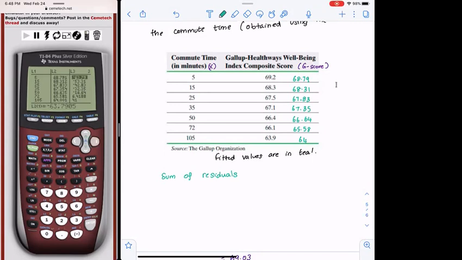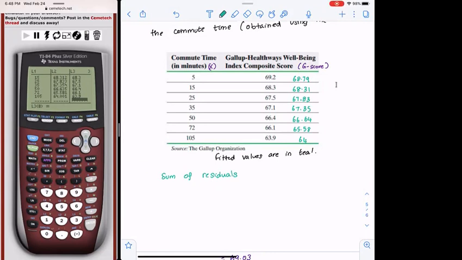I don't have the actual values in list 1. I have to enter the actual values. So I'm going to enter it in list 3. List 1 has the X values, and I apologize for that, my mistake. So I entered the actual values of Y in list 3.